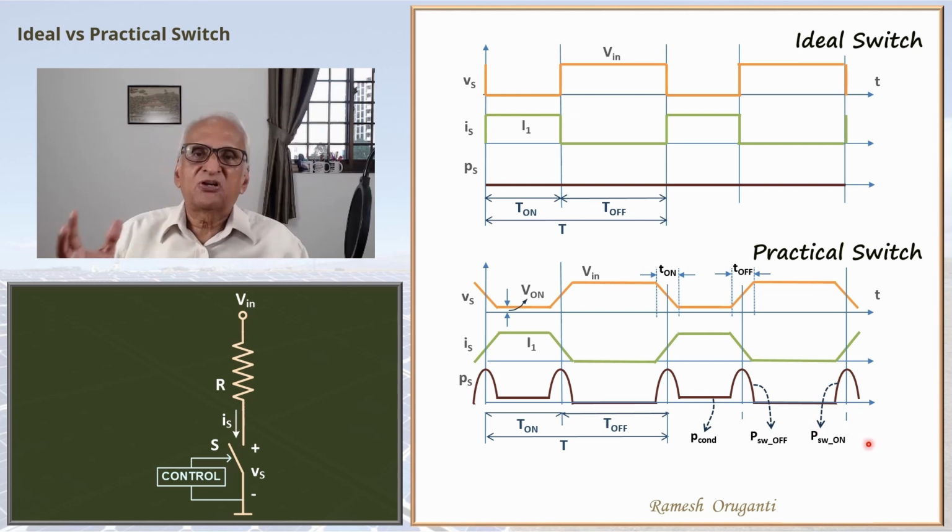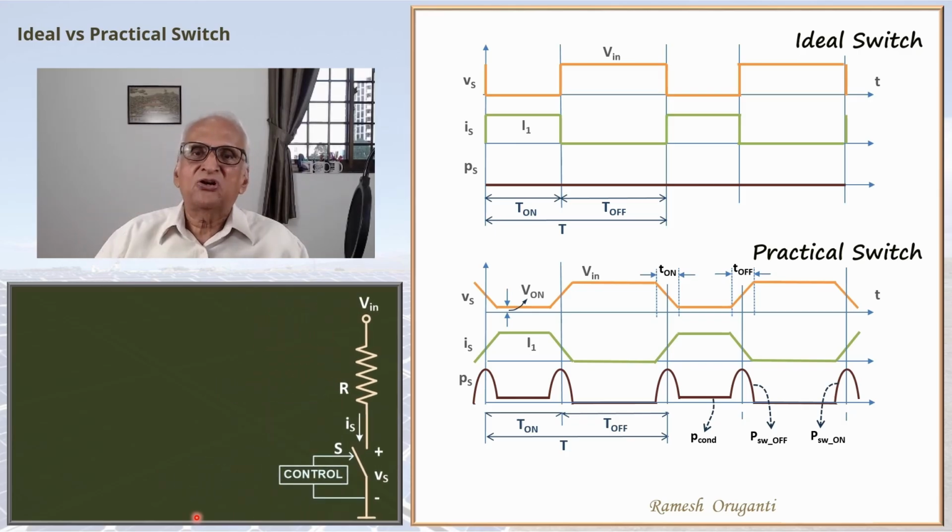The switch off power loss and switch on power loss, when they are averaged over the cycle and then added together, will be the total switching loss. Likewise, the conduction loss, when averaged over the cycle, will be the average conduction loss of the switch.